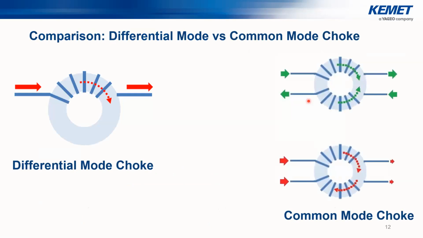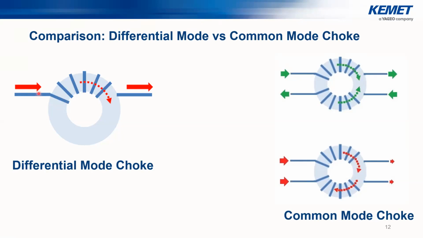Now, how does a differential mode choke work? You take a core material and you wind a coil of wire all around this core material, and this itself is enough to give you your differential mode impedance. The way this works is, at high frequencies, wherever you want that high frequency to be filtered out to increase your signal to noise ratio, this changing electrical signal creates a magnetic field inside this core.